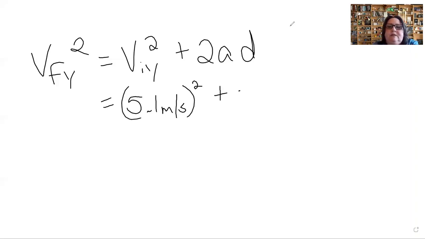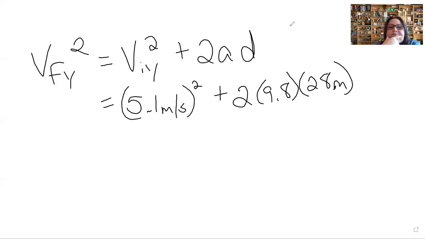Plus 2 times 9.8 and then the distance on the y we said was 28 meters. So that's going to give us vfy squared. So what is that answer right now?